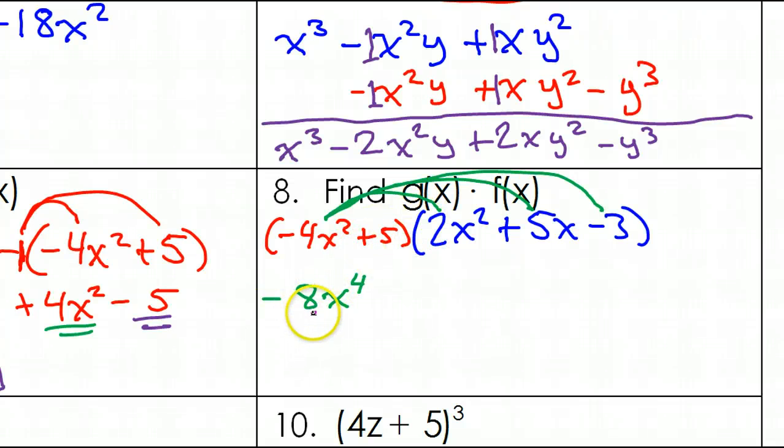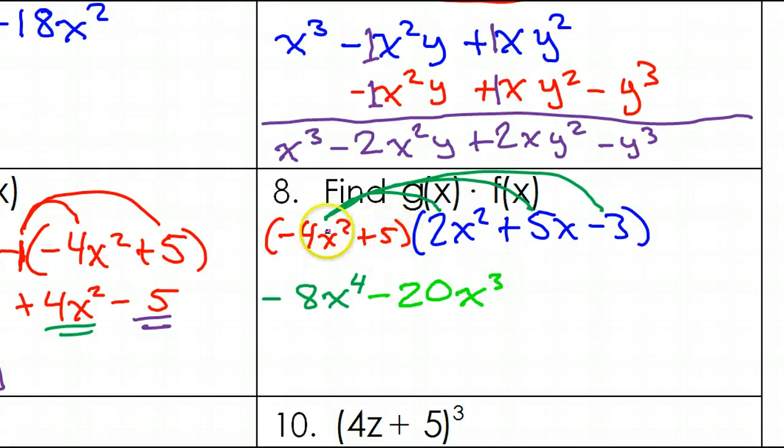Then, multiplying negative 4x squared times 5x. Negative 4 times 5 is negative 20. And x squared times x is x to the 3rd power.